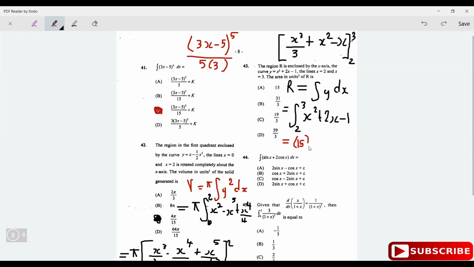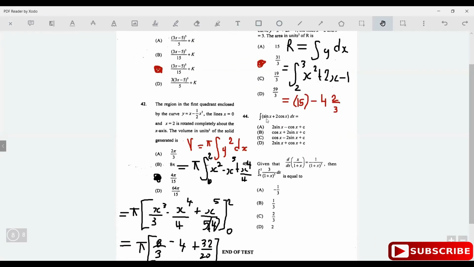So I have 15 minus, when I plug in x as 2, I get 2 cubed divided by 3 plus 2 squared minus 2, and I get 4 and 2 over 3. So it's 15 minus 4 and 2 over 3. And when I work that out, that is 31 over 3. Let's put that in a calculator. 15 minus that, you get 31 over 3. Nice.